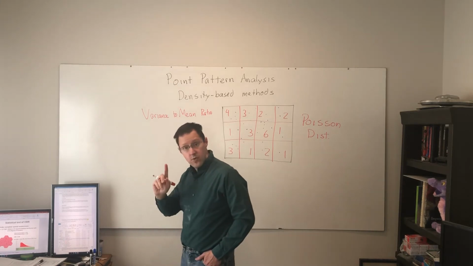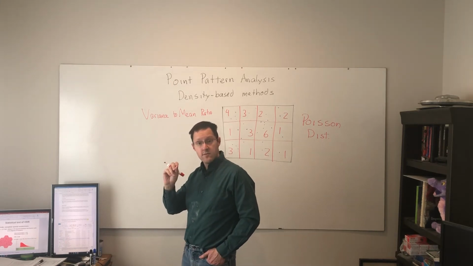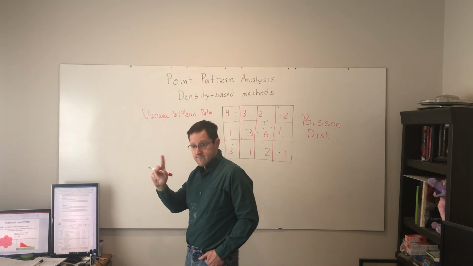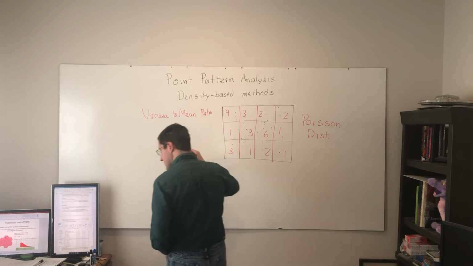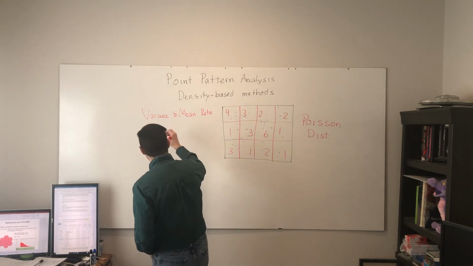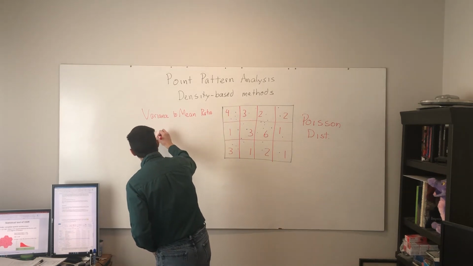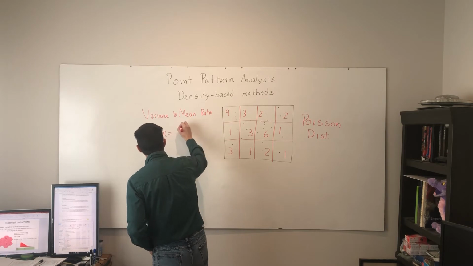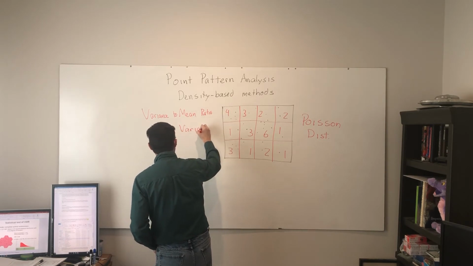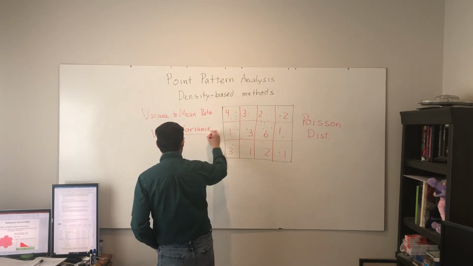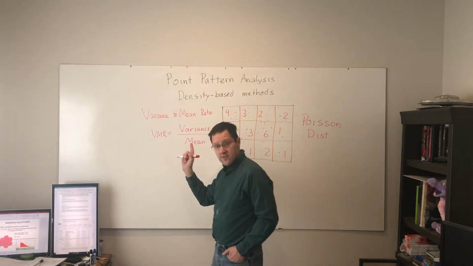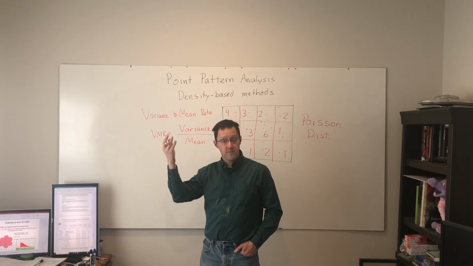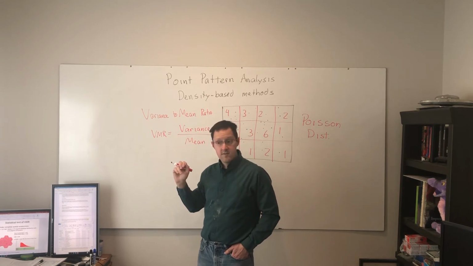So with this variance to mean ratio, it starts out very simple. So the variance of the number of points in the cell.